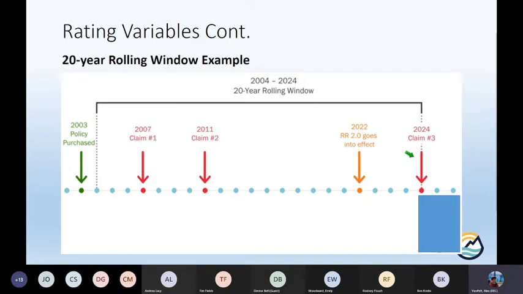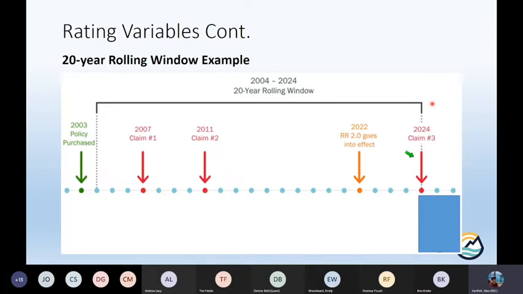So here's an example of that 20-year rolling period. Right now we are kind of here. Bear with me while I get my laser. So we're right here now in 2022, where Risk Rating 2.0 is just about to go into effect. In 2 years, 2024, after this policy is renewed, they make a flood insurance claim. Once that claim is made, it triggers the 20-year rolling period.